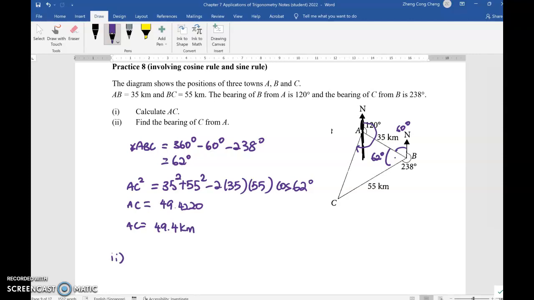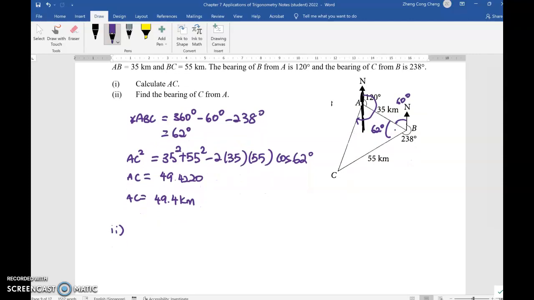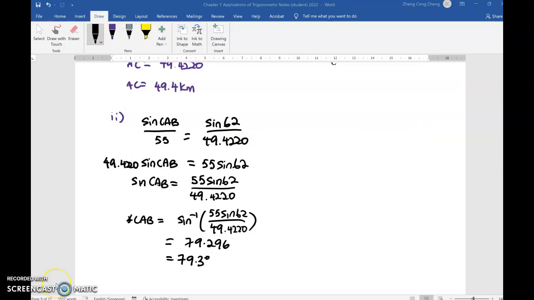To find angle CAB, since now we have angles and length, we are able to use sine rule. I will be writing out the sine rule for you. We form the sine rule, we cross multiply, we sine inverse, and finally angle CAB will be 79.3 degrees.